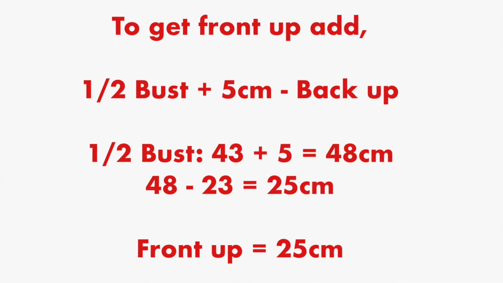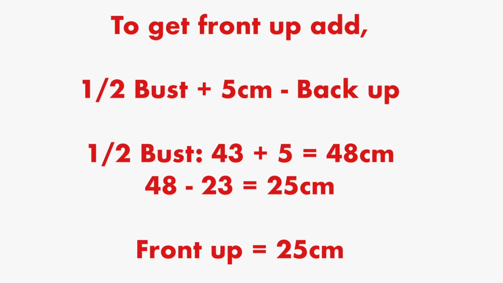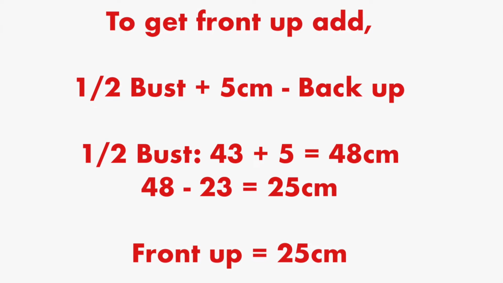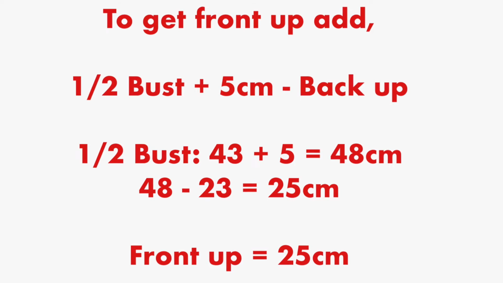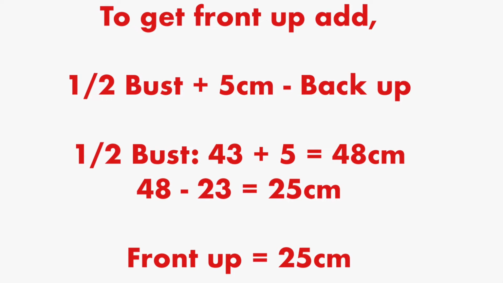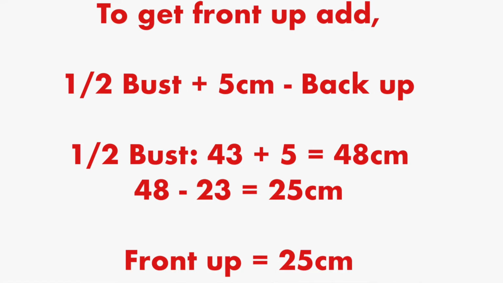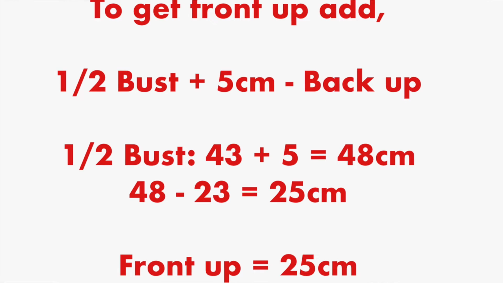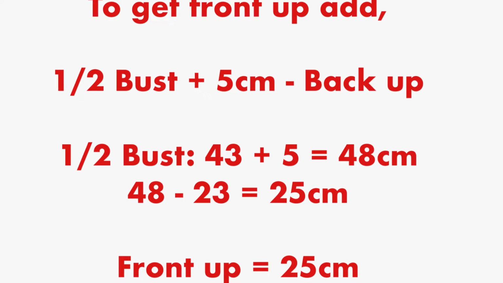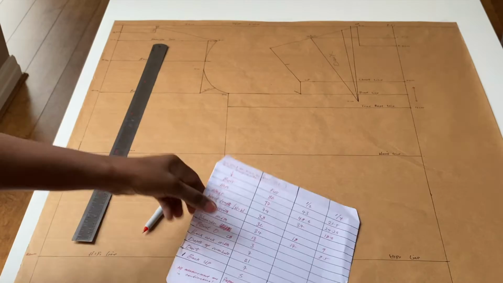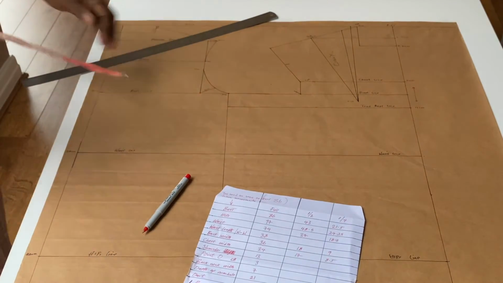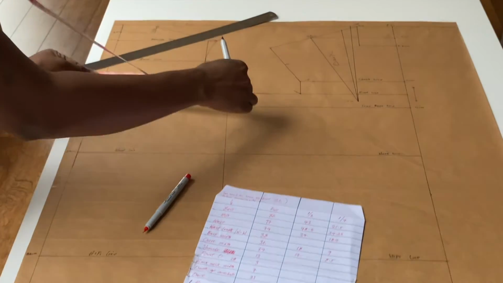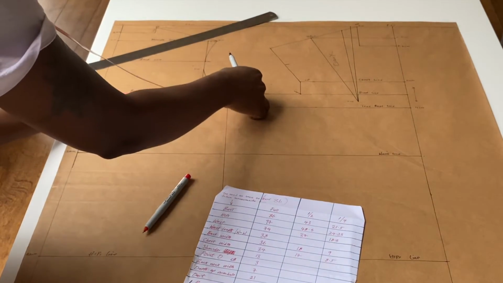Now we need to get the front UP. Front UP means front underarm point. To get the front UP, you need to add half of your bust measurement plus 5 cm and subtract the back UP. So to get the back UP, from the center back line on the bust line, you measure what you have from the center back line, just like I'm doing, to the back UP line.